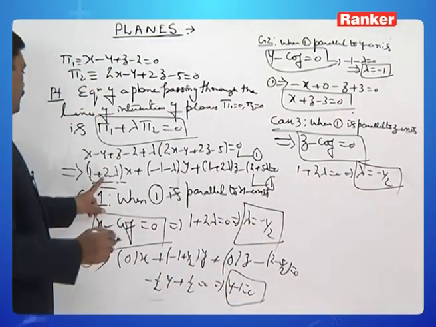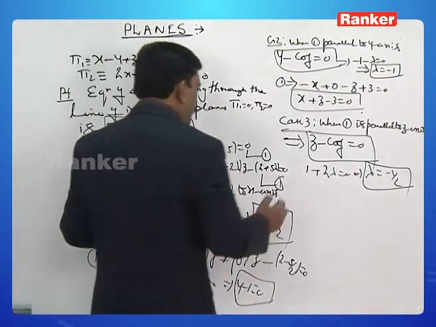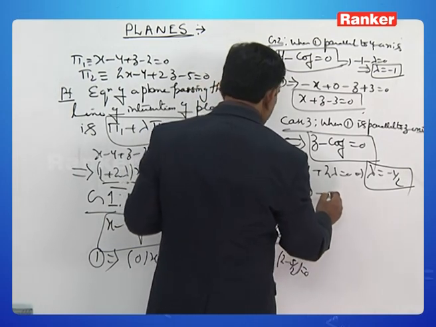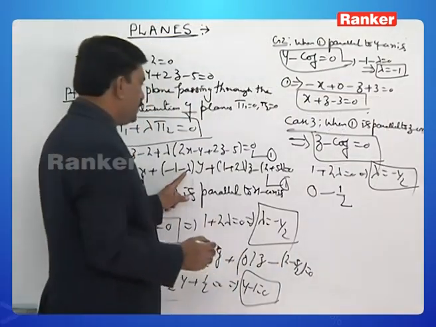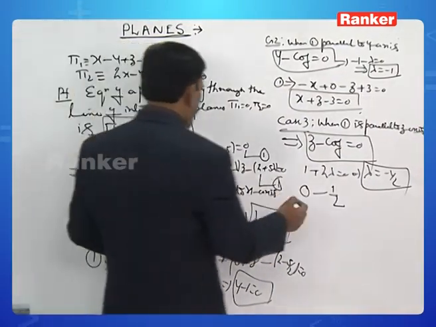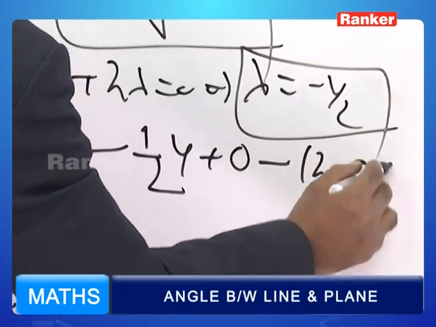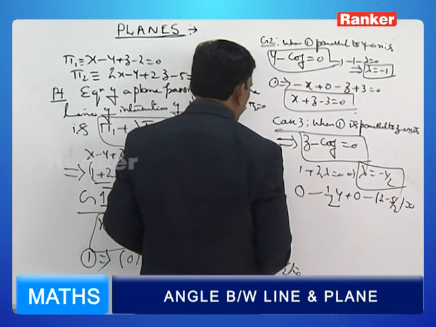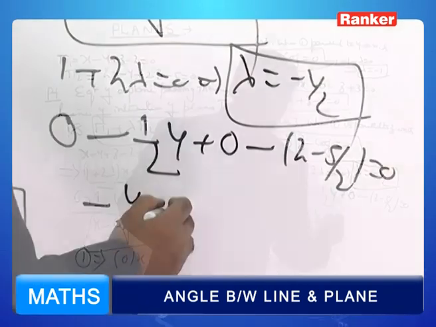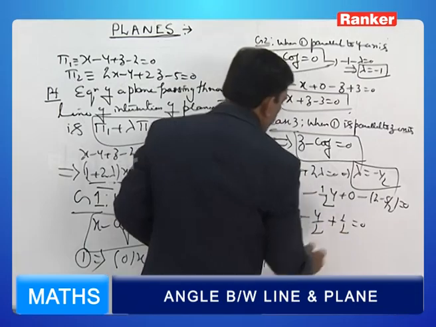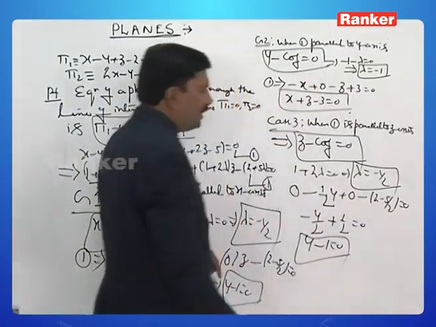Now you substitute here, this becomes 0, 0. This becomes minus half, plus half minus half into y. This becomes minus 2 minus 5 by 2 is equal to 0. So therefore I can write minus y by 2, plus 1 by 2 is equal to 0. So therefore I can write y minus 1 is equal to 0. This is the answer, right?